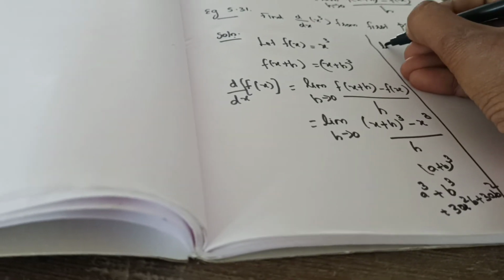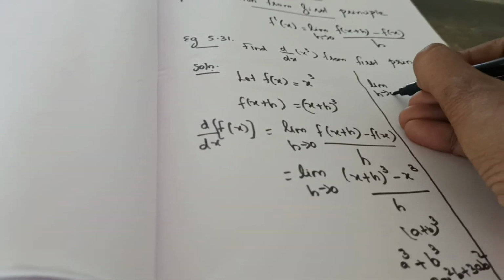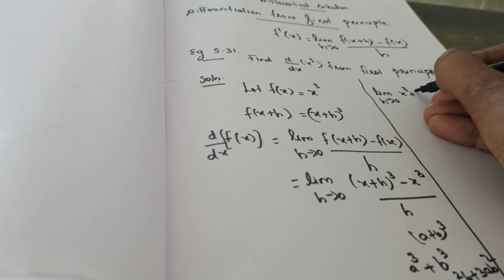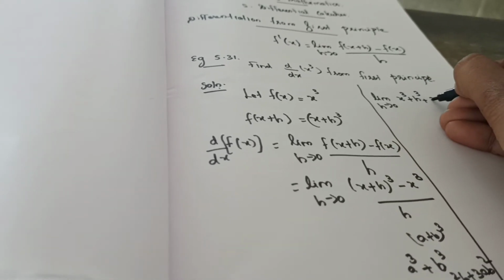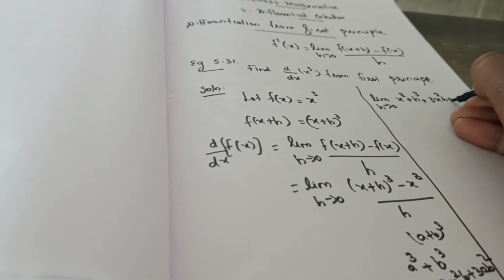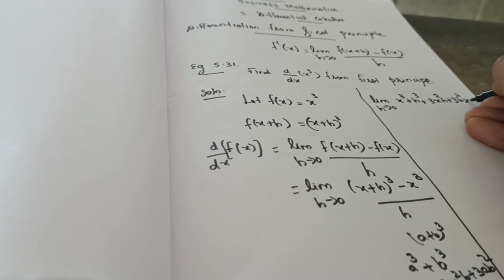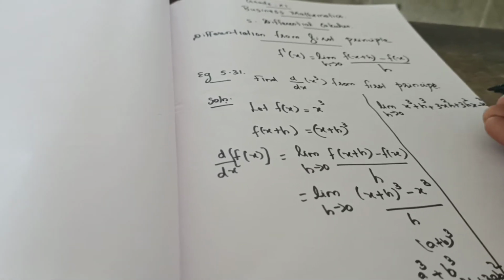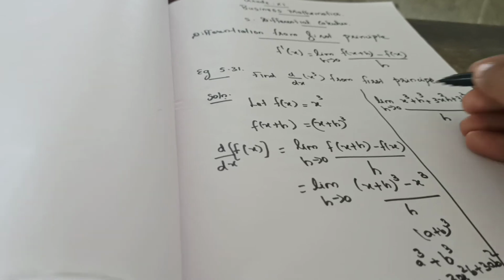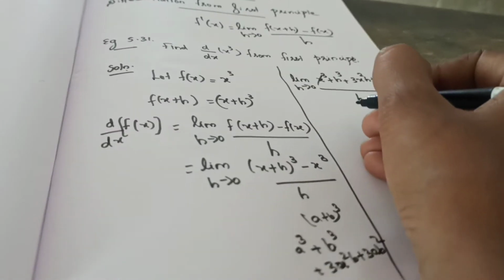Same as that, substitute here. What will happen? Limit h tends to 0 x cube plus h cube plus 3x square h plus 3h square x minus x cube, divided by h. So x cube and this minus x cube will get cancelled.